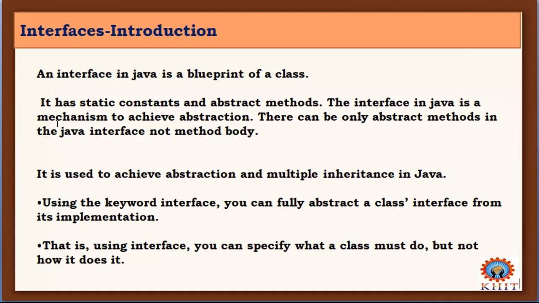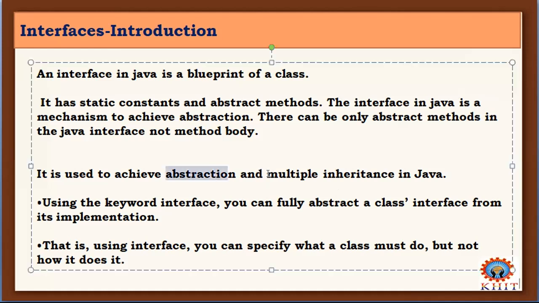Method ఉంటుంది కానీ దానికి బాడీ ఉండదు, ఓన్లీ హెడ్డింగ్ మాత్రమే ఉంటుంది. అలాంటి మెథడ్స్ మనం abstract methods అని అంటాం, which we learned in the previous session. Okay, so that is the definition of interfaces. And more importantly, it achieves abstraction and multiple inheritance. So these are the two concepts which support object-oriented programming in Java. These two can be implemented with the help of interfaces. Okay, we'll see how it can be done.